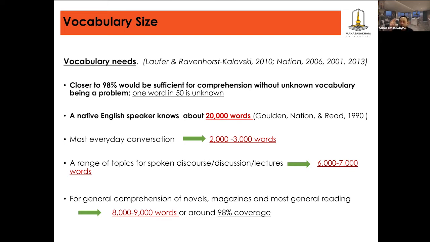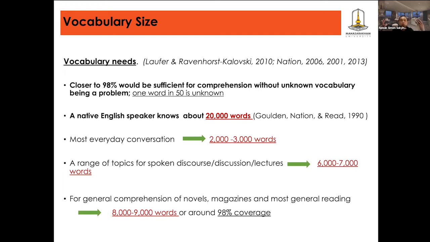So within 100 words, you need to know around 98 words. So 2 words may be unknown to you, or you are not familiar with them, in order to gain adequate comprehension without vocabulary being a problem.